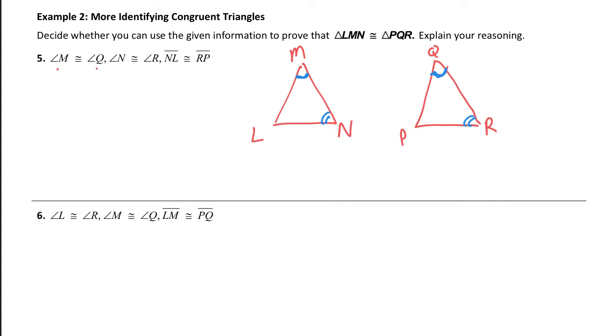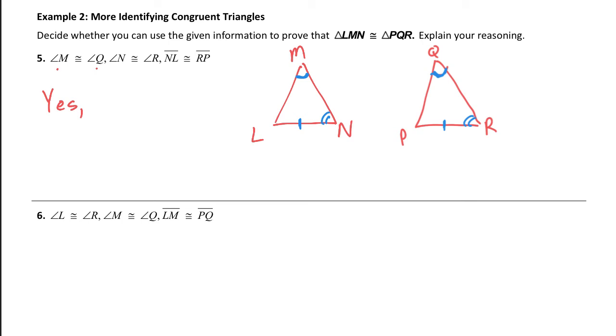And then NL and RP. So NL and then RP are congruent. So when we look at this, do we have enough information to prove that they are congruent? I think we do. So I would say yes. And I want you to take a minute and think about which congruence theorem we talked about that would make them congruent, okay?